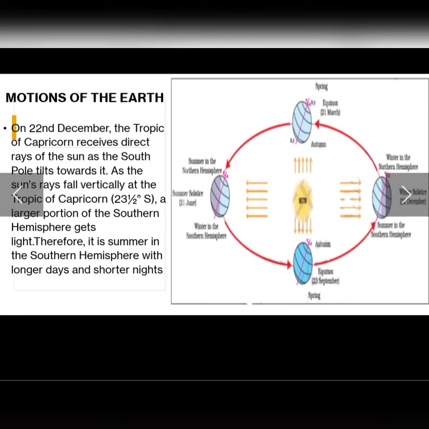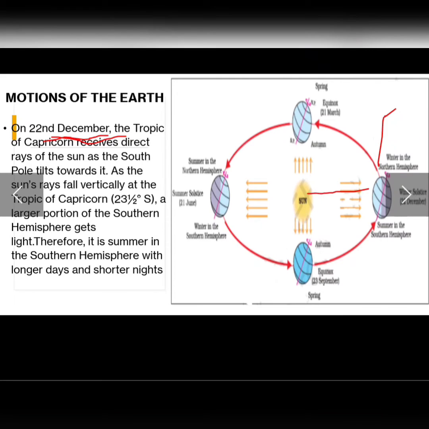Now talking about 22nd December, our next date is 22nd December. We can see on the right hand side, okay, this is the situation. Now we are going to deal here with the rays of the sun.